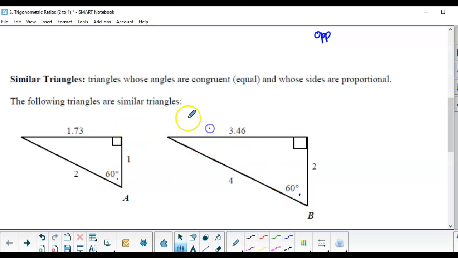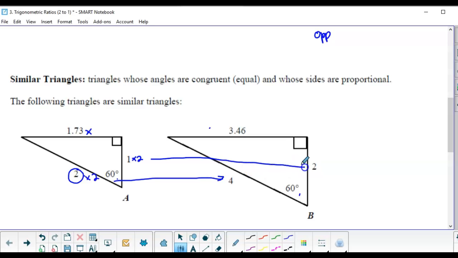So this side is proportional to this. If we multiply this by something, we will get this side. Okay, so take a look. This one's easier to figure out. If we multiply this by 2, we get 4. If we multiply this by 2, we get 2. If we multiply this by 2, we'll get this. Okay, as long as the angles are the same.